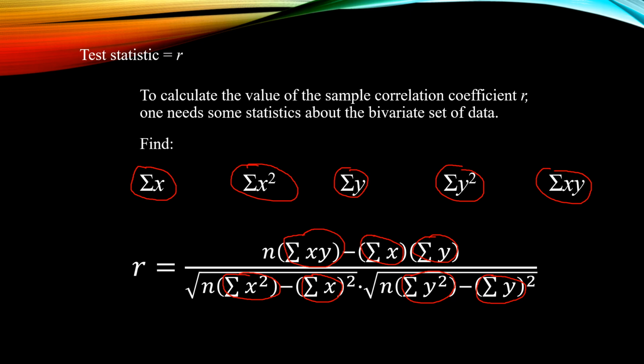You'll recognize the denominator square roots are formulas that come from the calculation for standard deviation of the individual sets themselves. So the standard deviation of the x variable set and the y variable set themselves. Okay, so once we have these 5 numbers, you just plug them in, you get one value for the correlation coefficient.